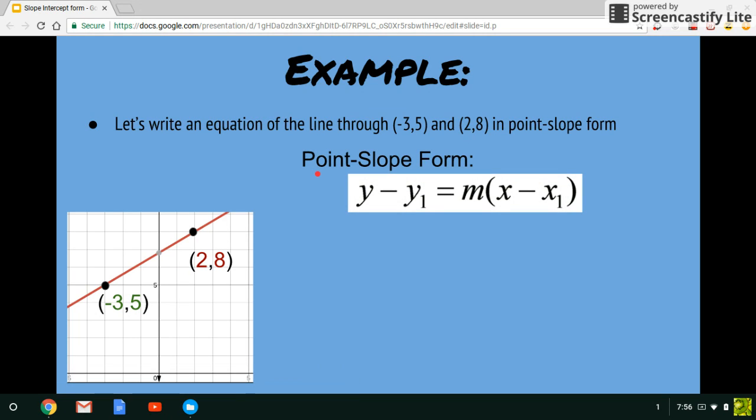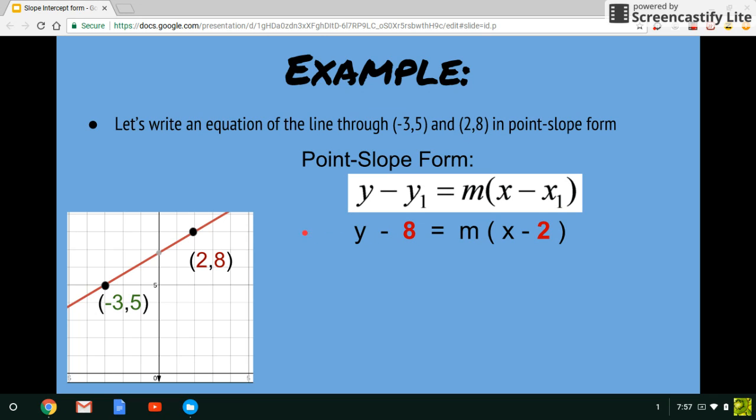The first thing I'm going to do is plug in a point for y1 and x1. It doesn't matter which of these two points you use. I'm going to use (2, 8), so I plug in 2 for x and 8 for y. So we get y minus 8 equals m times x minus 2. Then all that's left to do is to find the slope, m.